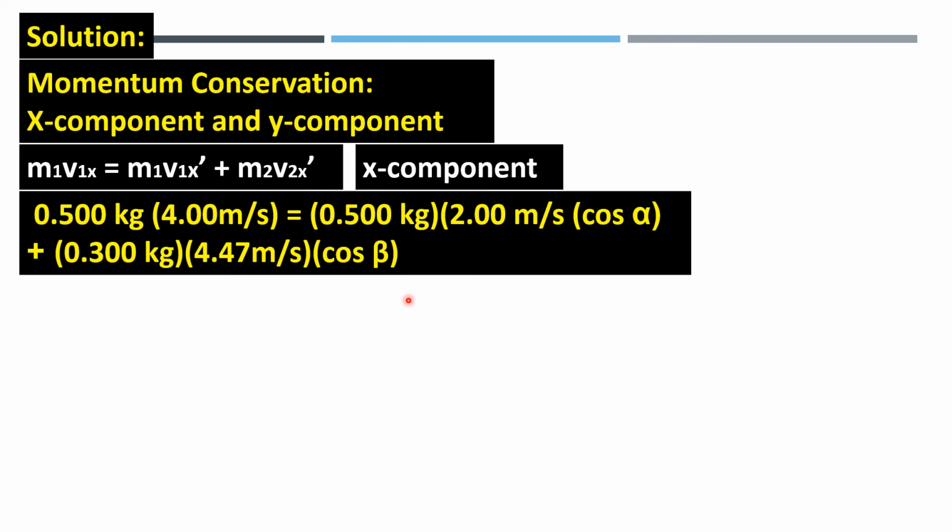If you're going to simplify this equation, there are two unknowns in this equation. We don't know what angle alpha is, and we don't know what angle beta is.